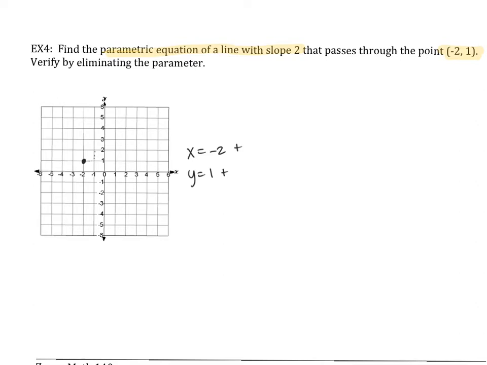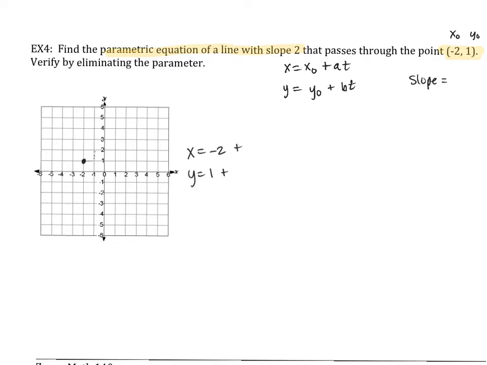So the general form of lines is x is equal to the original point, and then we're going to add a little bit in the horizontal direction, and the y is the original, if this was x0, y0. So we go to that original point, and then we add a little bit in the vertical direction. Now the slope is telling us exactly how much to add.